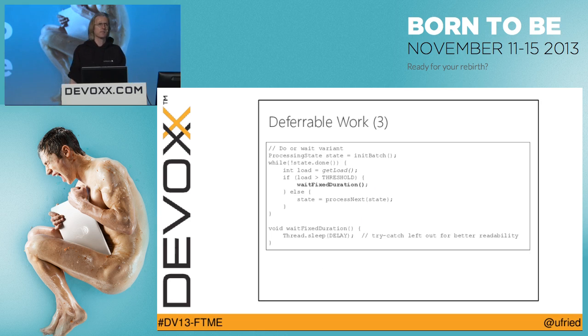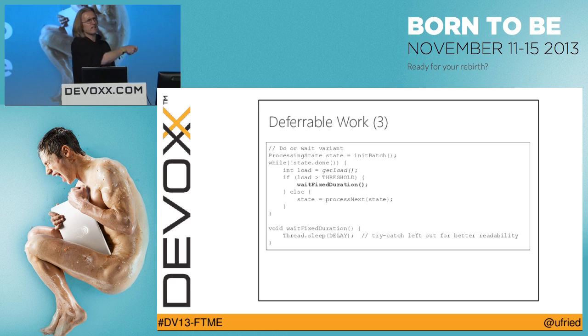How to implement that? So what I did here, I sketched a quite simple batch loop. I mean, real batch frameworks have a little bit more fancy stuff on there and a lot more to take care of, but the core logic is the same. I start with some initial state to initialize the batch, and then I process some batch of work, and I update my state all the time.